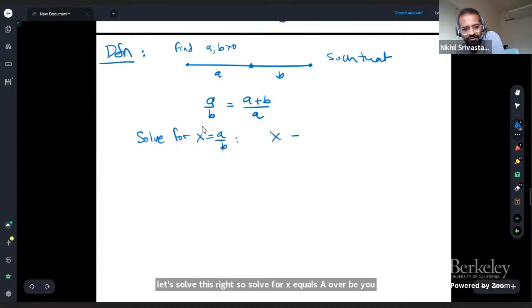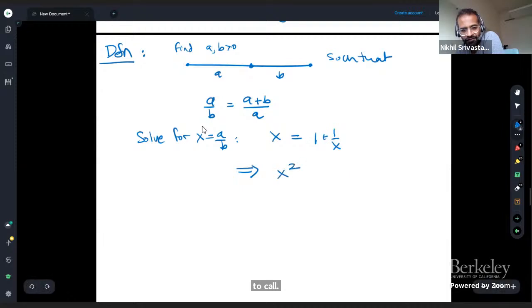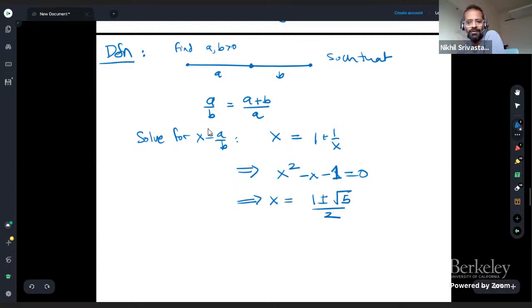You get x equals 1 plus 1 over x. That's a quadratic equation. So if you multiply everything by x, you get x squared minus x minus 1 equals 0. And if you solve this, you get x equals 1 plus or minus square root 5 over 2. And we know x is positive.